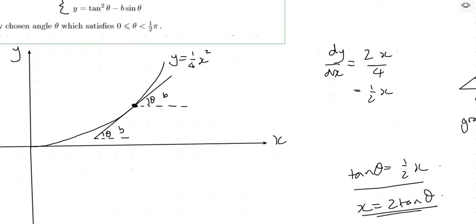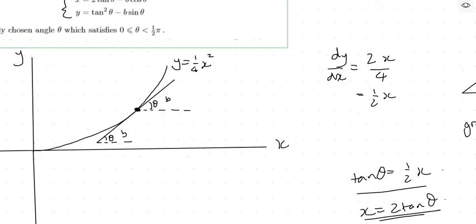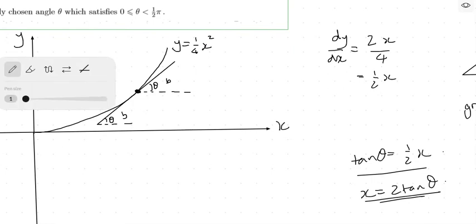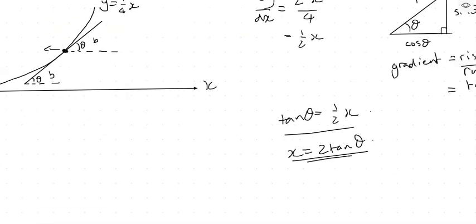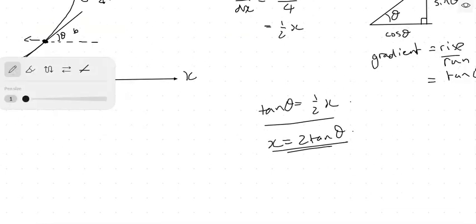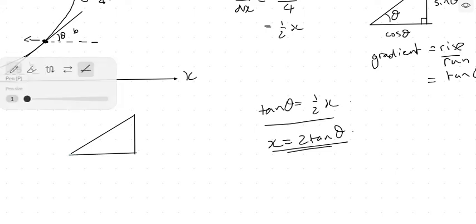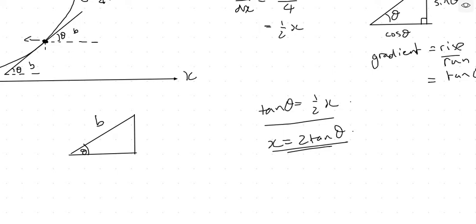So now we need, which is it? It's minus b cos theta. So minus is going to be in this direction. And we have another triangle like this with a b here and a theta here. So this is just this triangle here.